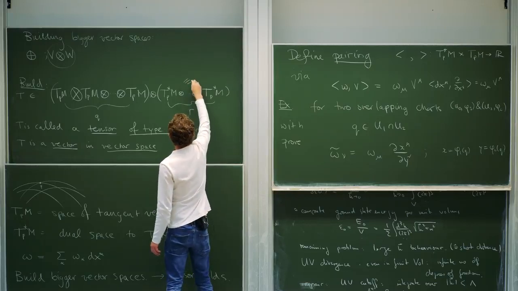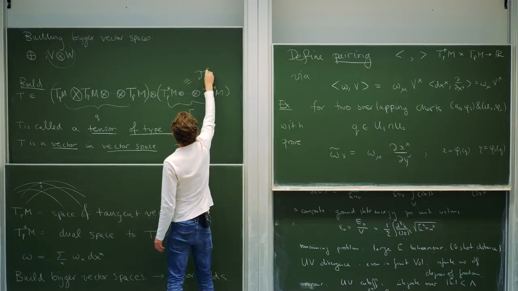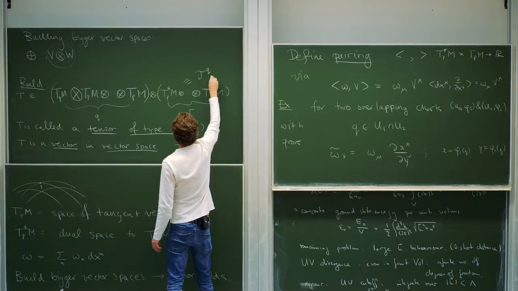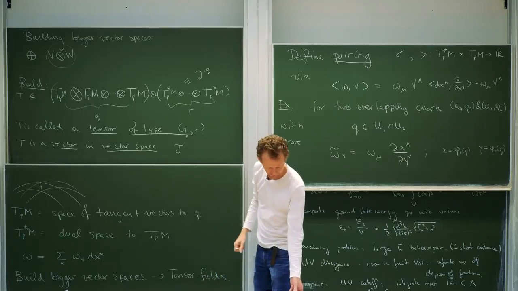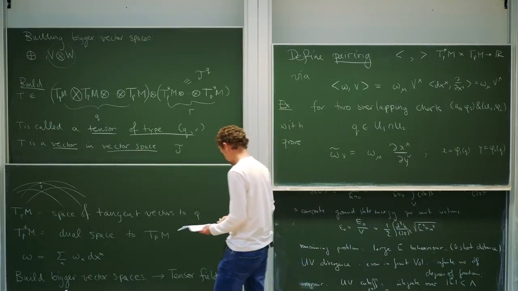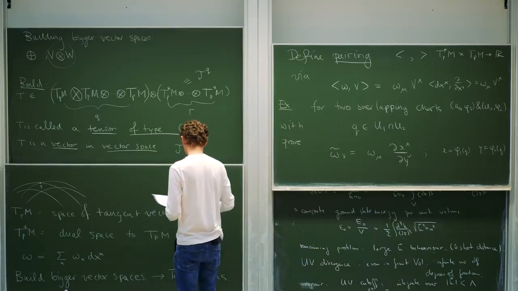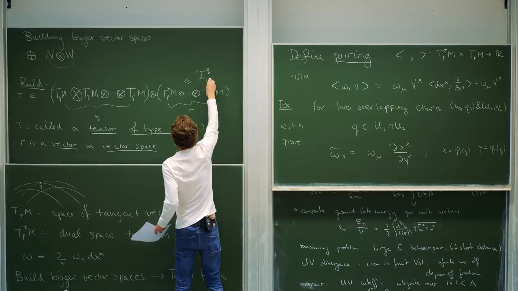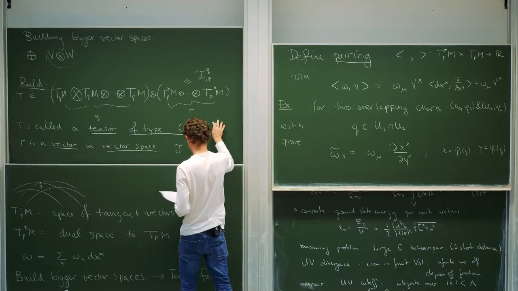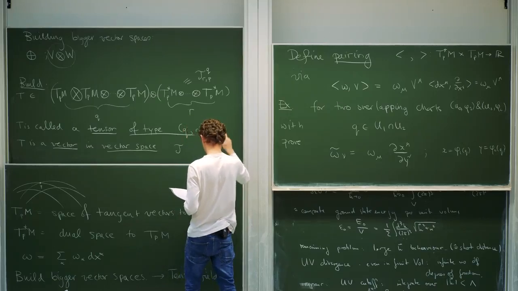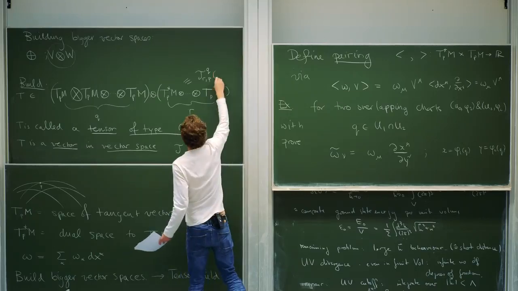So we'll give this vector space a name. What notation shall I use? Let's say T^{Q,R}_P of M.